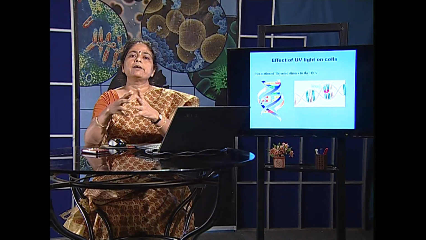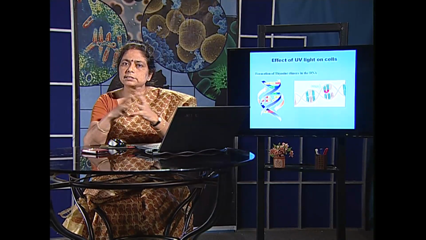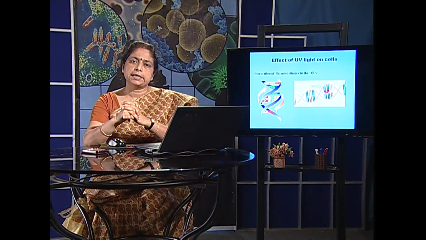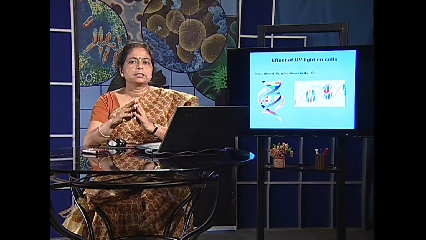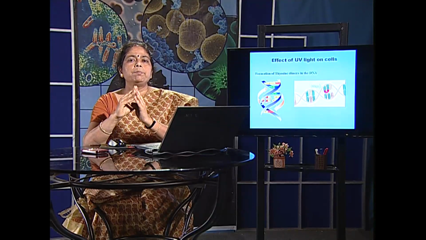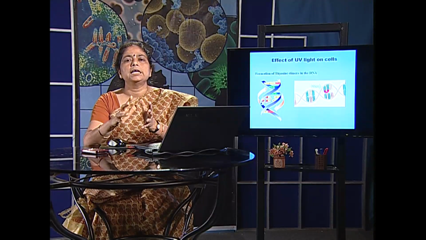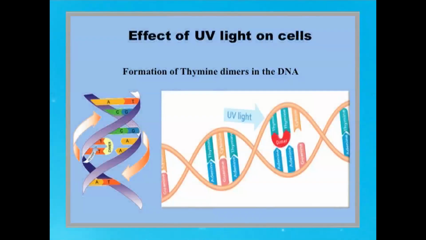Now, what is the effect of UV on the cells or on the microbial community? Let us learn this. When UV falls on a living cell, the DNA gets affected. Thymine is a base which is present in the DNA. Whenever this DNA is exposed to UV light, there is formation of thymine dimers.